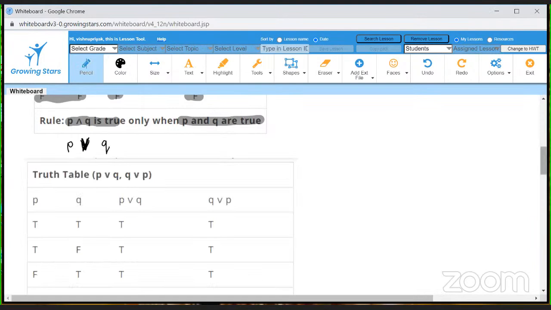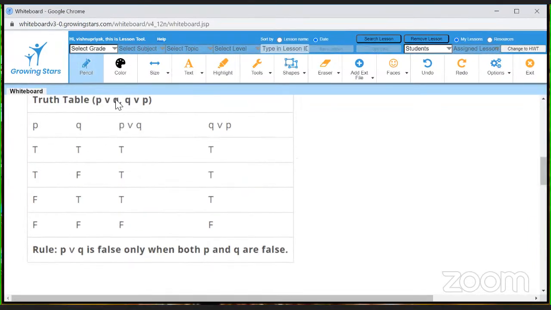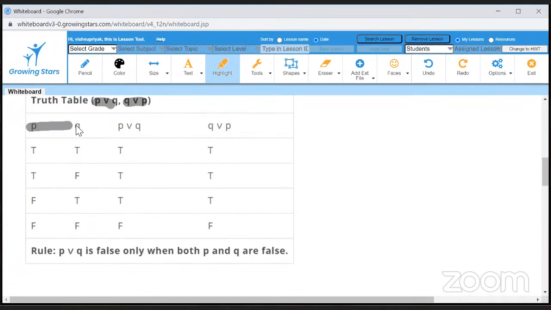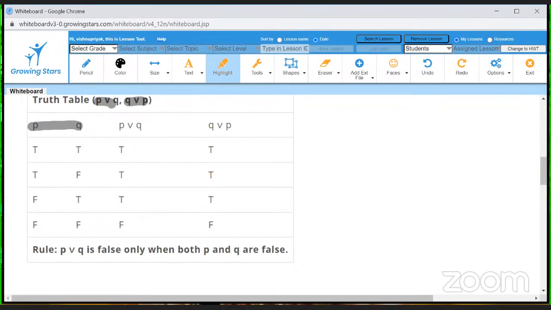What does this truth table for P or Q, Q or P say? We will talk about P and Q statements first of all. P statement is different, Q statement is different.